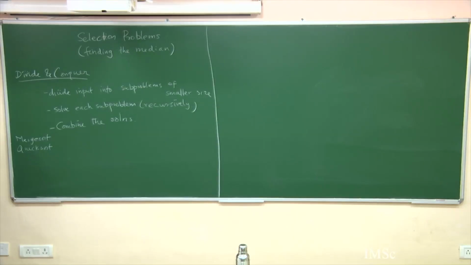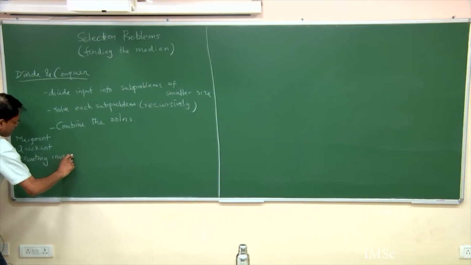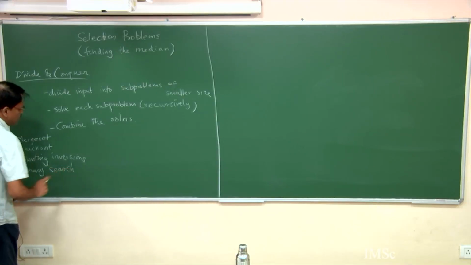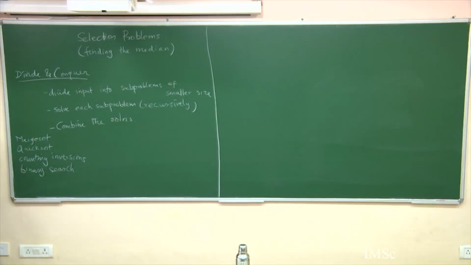I'm sure you have seen 2-3 lectures on them, and several examples. Counting inversions, binary search. After making one comparison, your problem becomes one of half the size and you recurse.